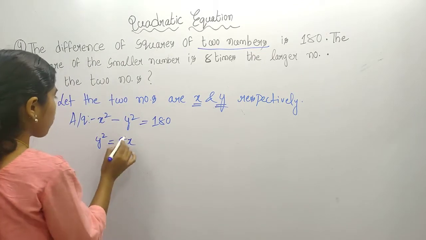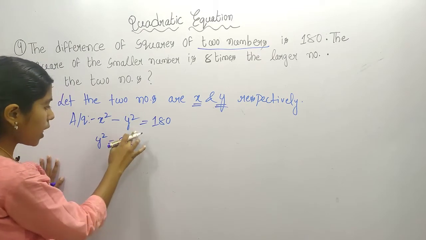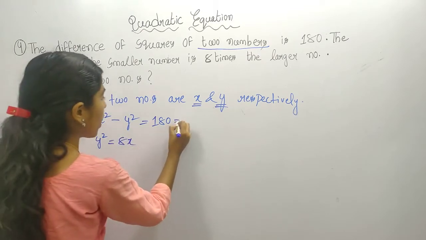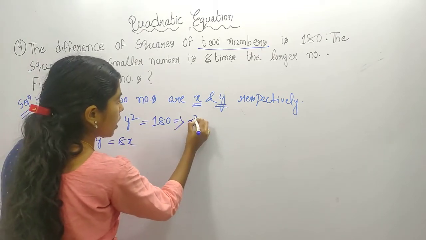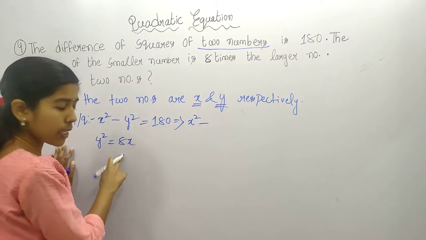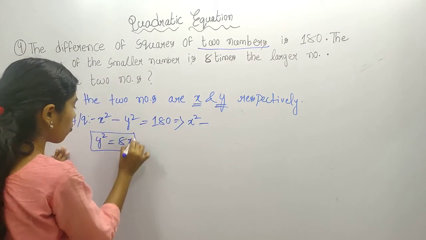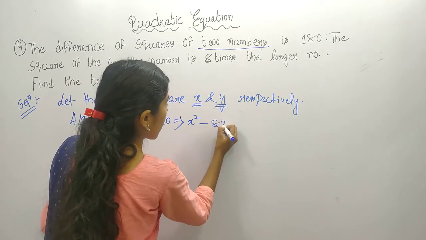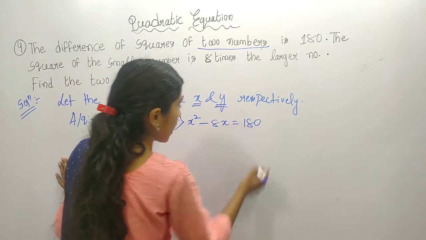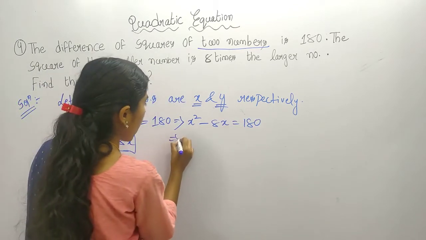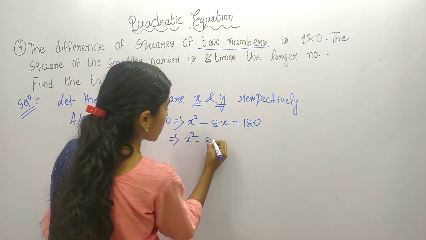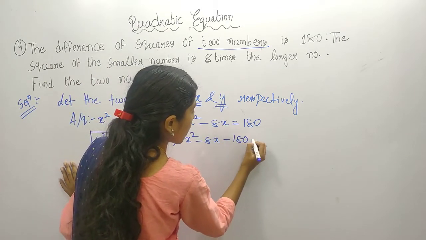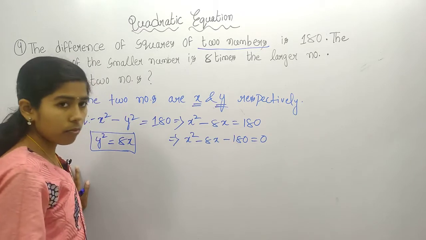Now, you see, instead of y square, we can put 8x. So, what will it become? x square minus y square, where y square is 8x, equals 180. So, that implies x square minus 8x minus 180 equals 0.